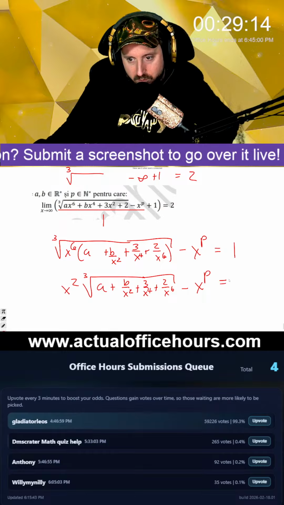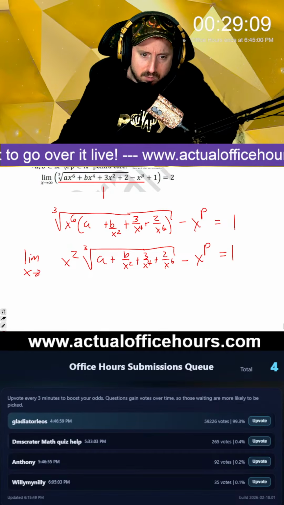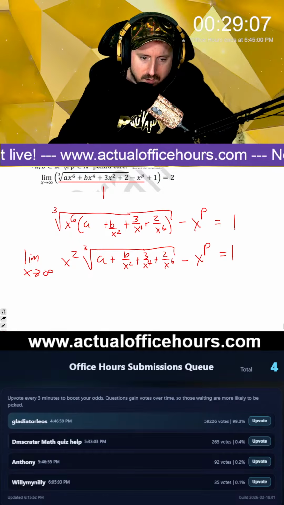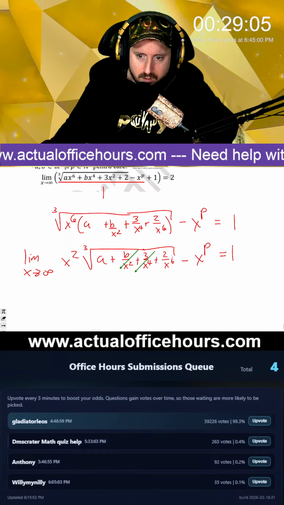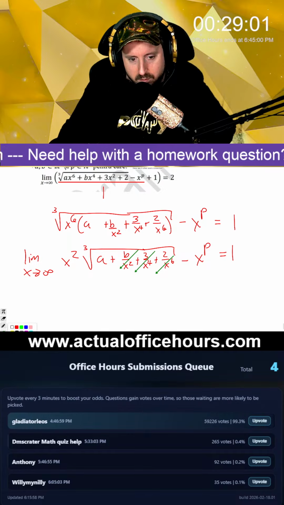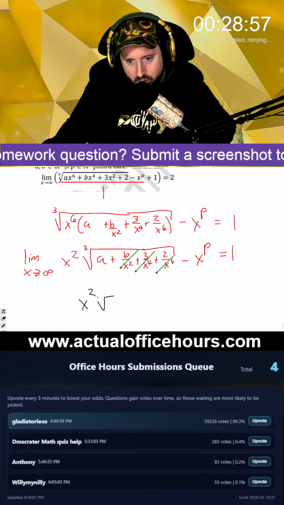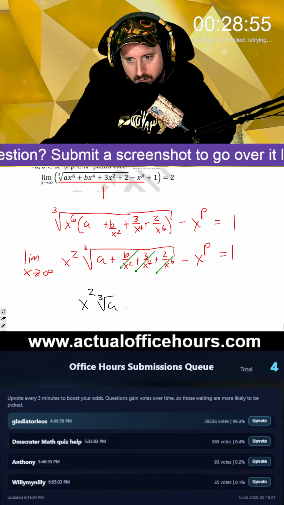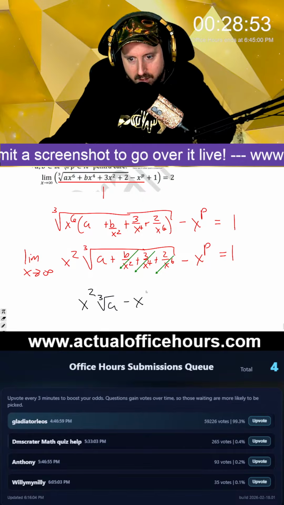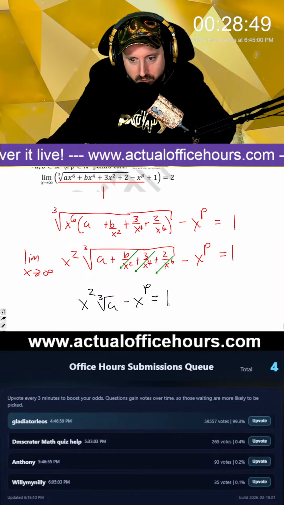Minus x to the p is equal to 1. And then I would say in the limit that x approaches infinity, I can get rid of these. So I would say that x squared cube root of a minus x to the p has to be equal to 1.